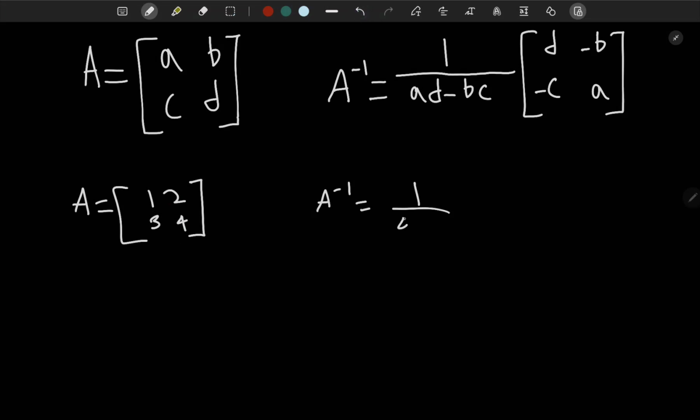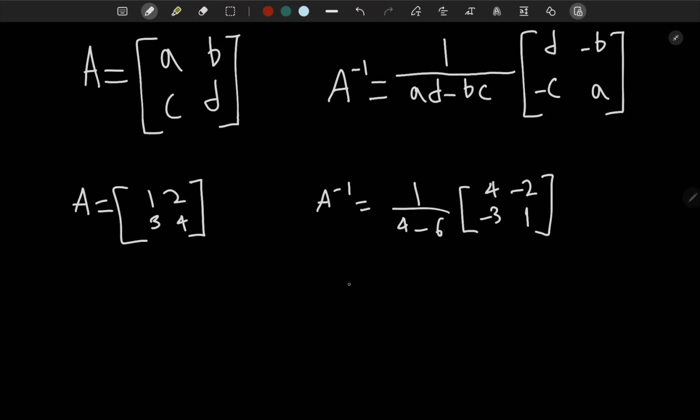So it will be 4 minus B, which is 2 here, times C, which is 3 here. So that's going to be equal to 6. And then now again you open the matrix, and D here is 4, minus B, which is going to be minus 2 here, and then minus C, which is minus 3, and A is 1 here.